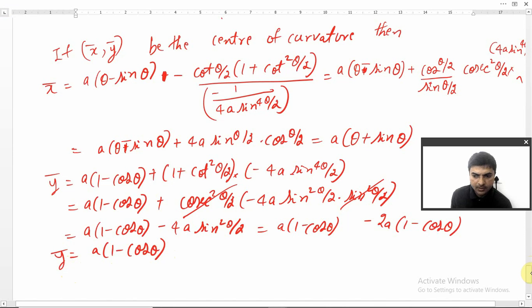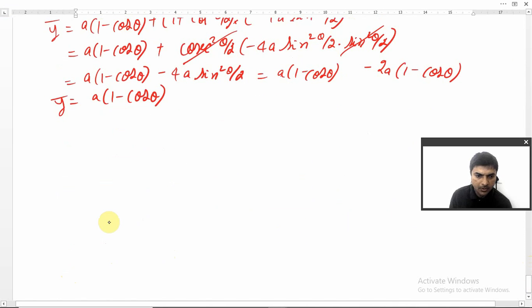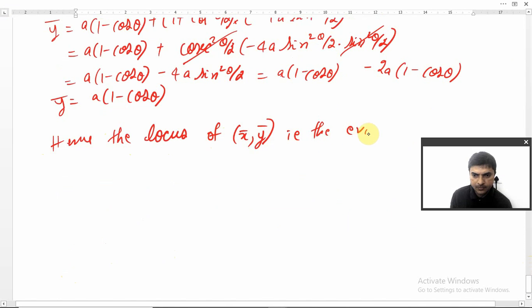So that means, students, hence the locus of point x bar comma y bar, that is the evolute.